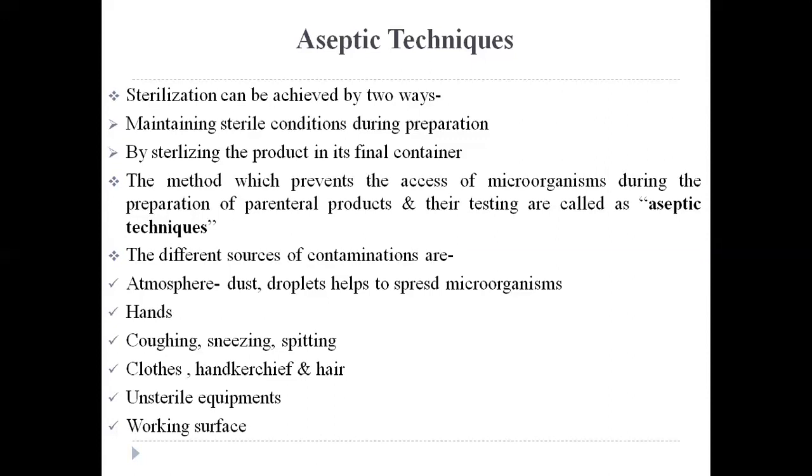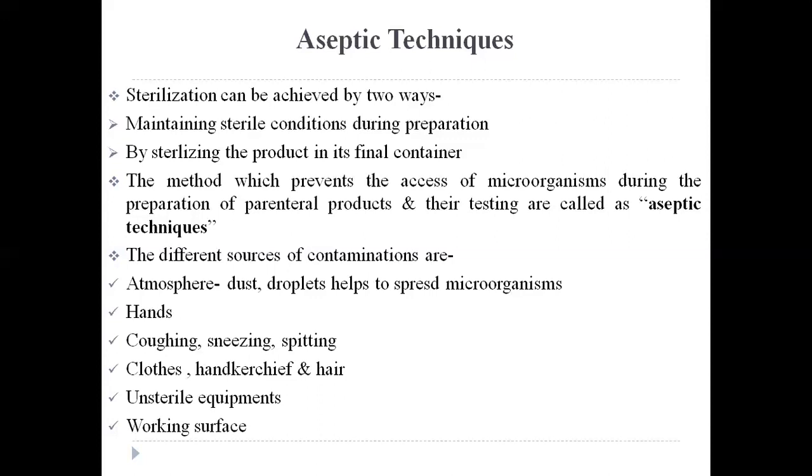The fourth one is clothes, handkerchief, and hair. Generally, for workers, contamination can happen from their clothes, handkerchief, and hair. These are areas that we can't sterilize frequently.